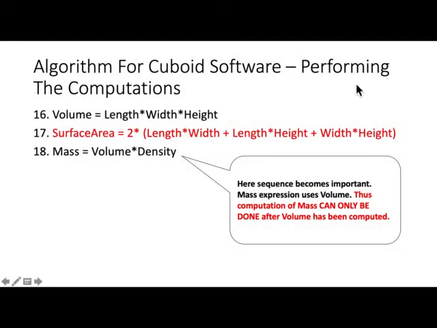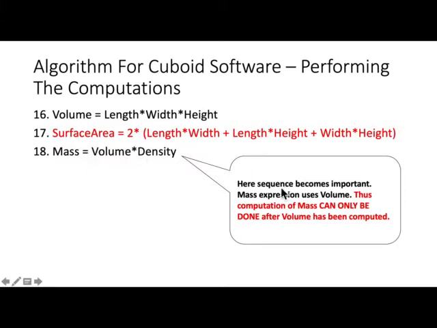So now we do the computation and volume. This is exactly same as we did in the analysis, the C++ form. So C++ form of formula is pretty much copied and pasted into the algorithm. And we had that for surface area, we have that mass equal to volume and density.